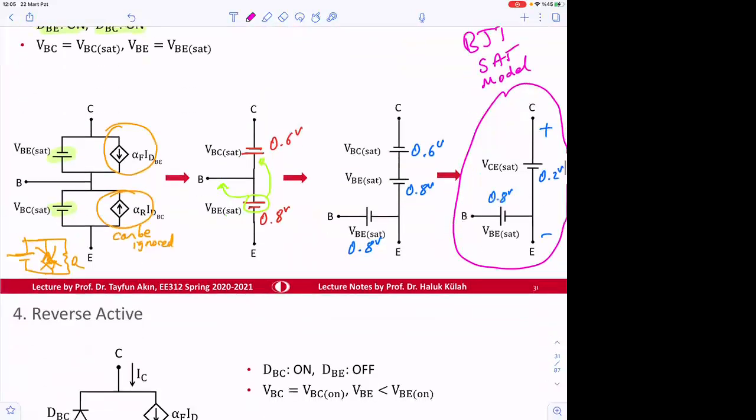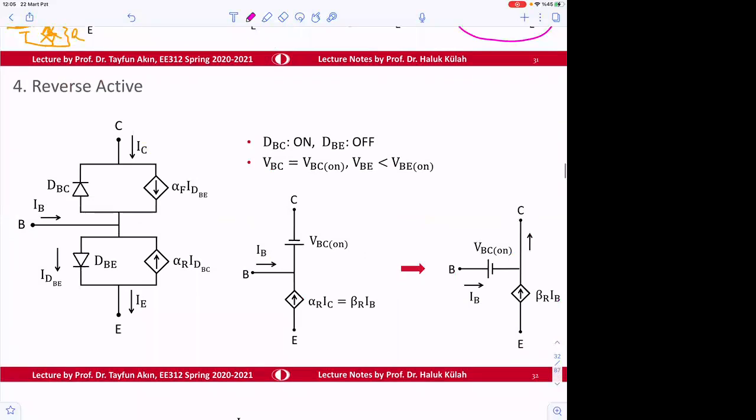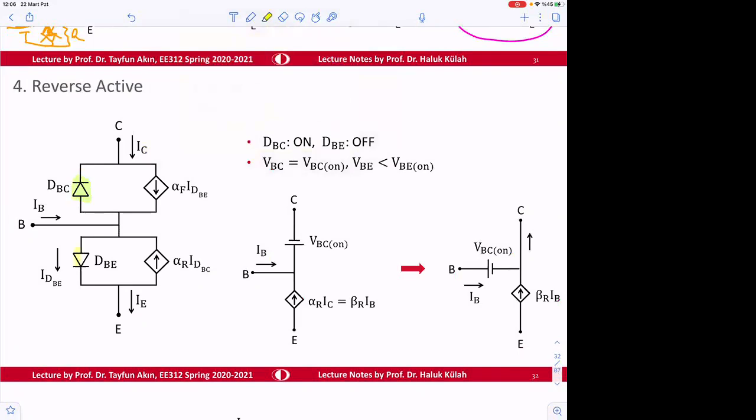So the last model for the transistor is going to be the reverse active model. Now in the reverse active, we say that this junction is on, but this junction is off.